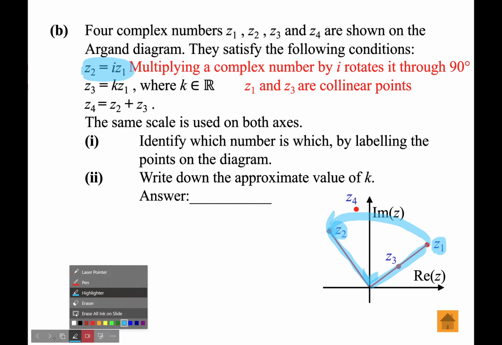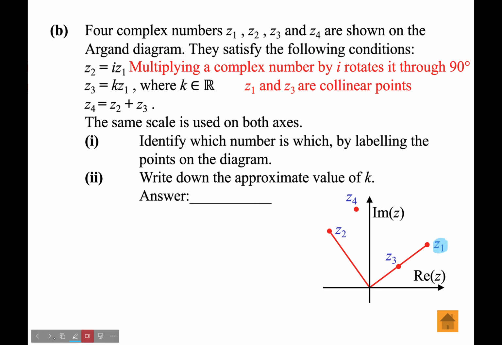The other reason you can be sure that this one must be Z1 is because Z3 is equal to k times Z1. Now k is called a scalar. It's an element of the real numbers. When you multiply any complex number by a scalar, the resulting point is either further away or closer to the origin, but it is collinear.